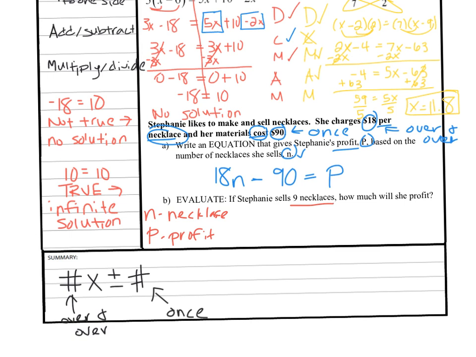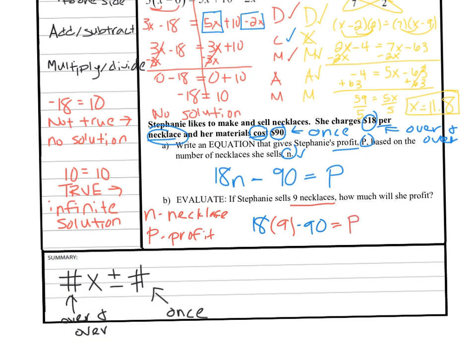If she sells 9 necklaces, that means that I could just plug 9 in for N. So taking my equation from above, I can plug 9 in for N, and that would tell me how much of the profit that I would make.